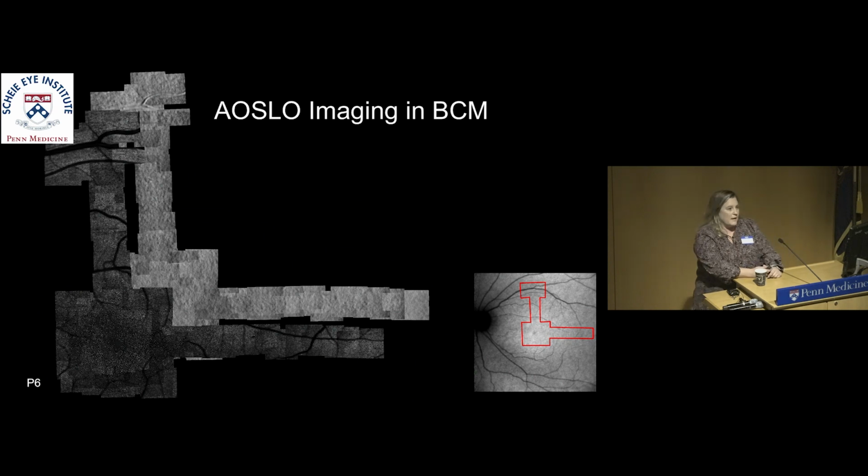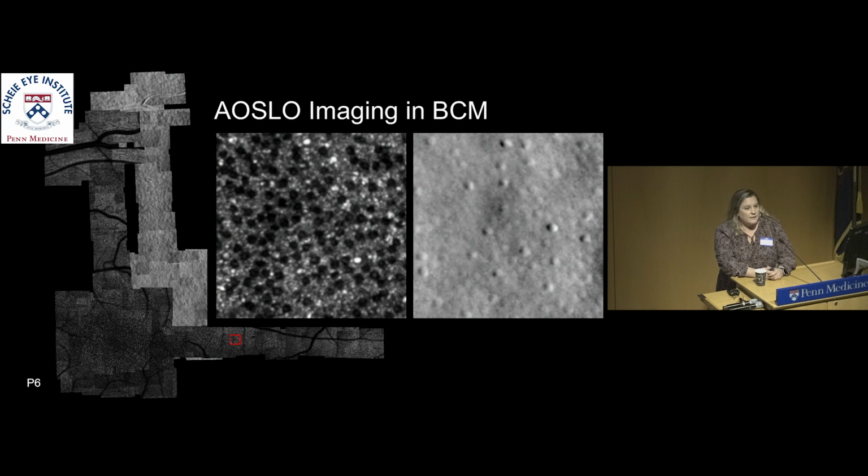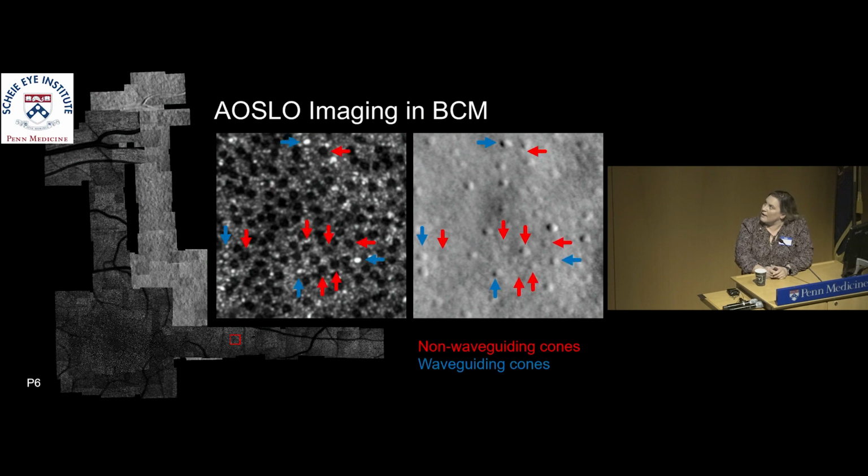So this is the adaptive optics montage over the central retina and the macular region that we imaged. We can now zoom in to look at the structural phenotype of the cone mosaic. Again, shown on the left is the confocal image of the wave-guided reflectance, and the image on the right is the split detection image showing the inner segments. A salient feature in the confocal image here is the dark gaps in the wave-guiding mosaic. To make it easier to visualize, I've identified some of these gaps with red arrows.